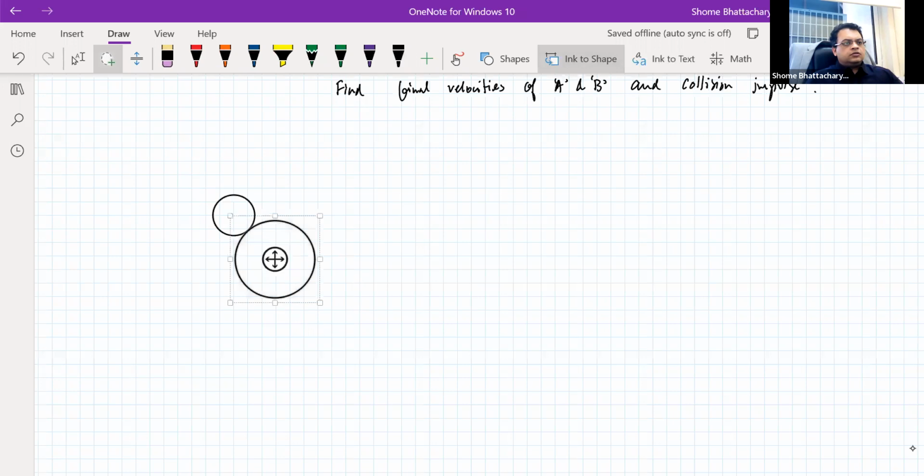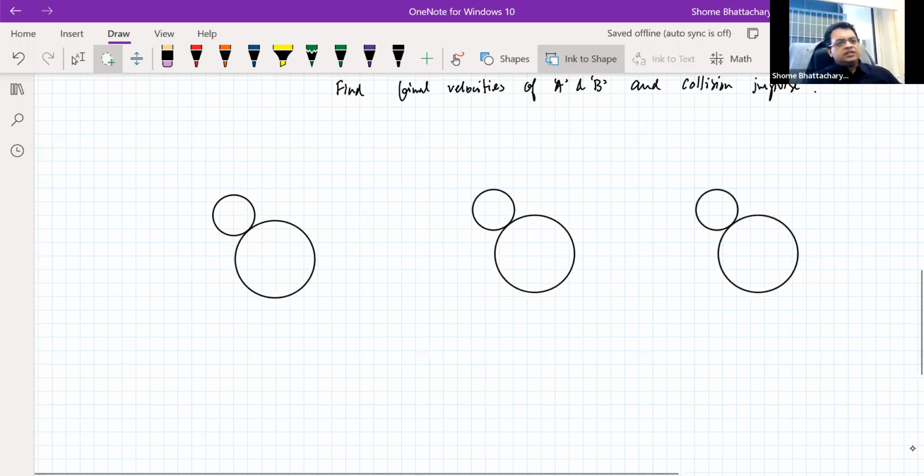This is our contact, let's say. I will look at this just before the impact situation, and I look at it again during impact when the impulse is acting. And then again, I'll look at just after impact.